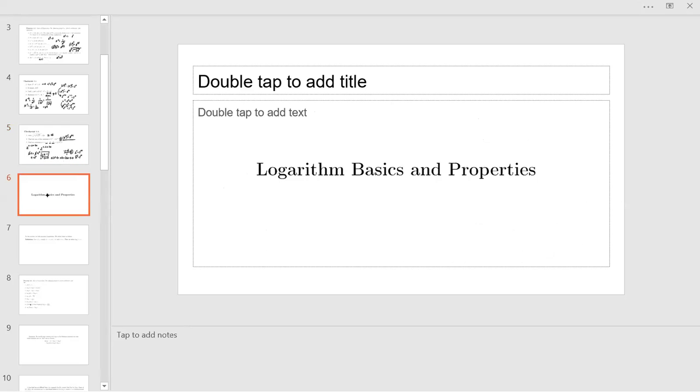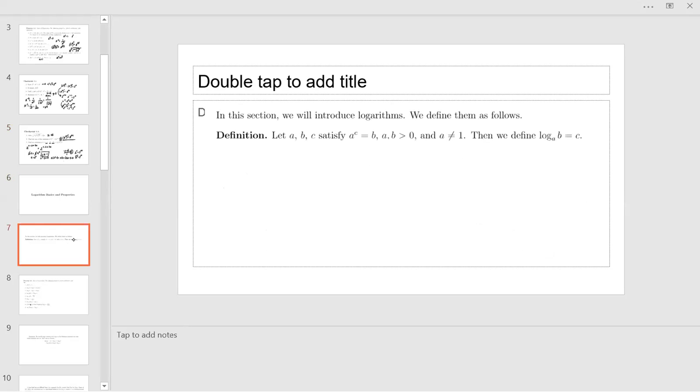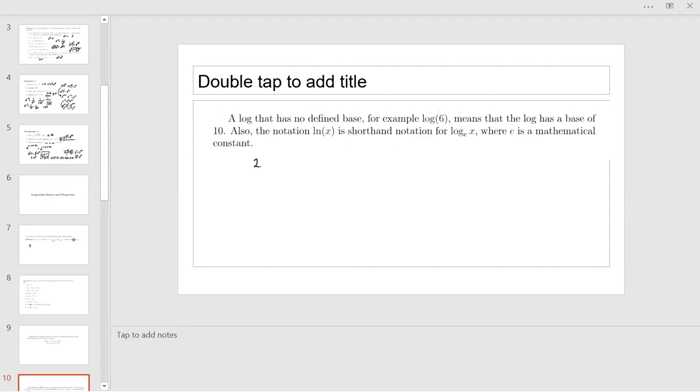So now we'll move on to logarithms. So the definition of the logarithm is that if we have a, b, and c satisfying a to the c is equal to b, where a and b are greater than 0 and a is not equal to 1, then we have the log of b with base a is equal to c. So let's look at an example.